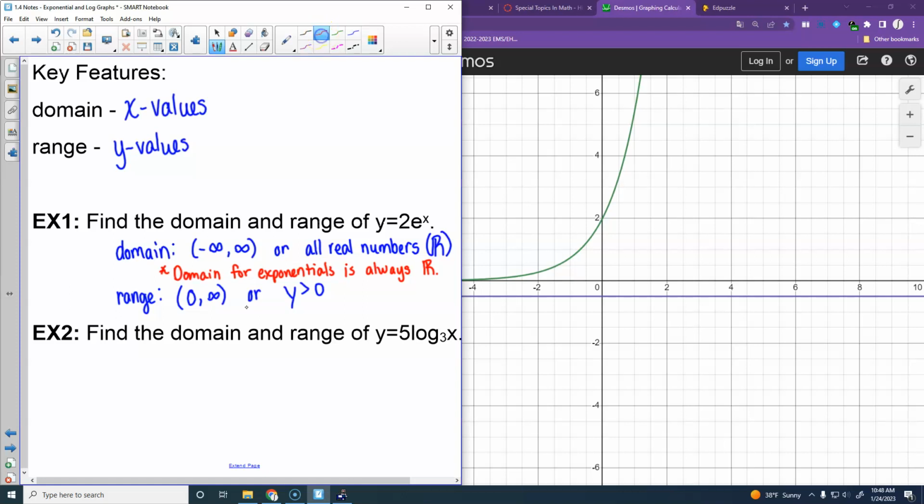Let's make ourselves a little note right here. Range for exponentials is always restricted.